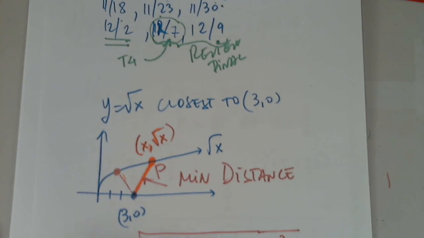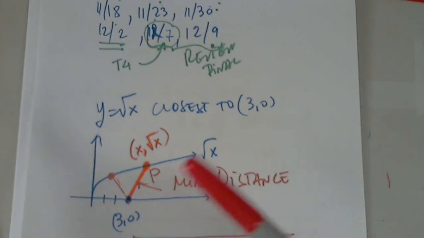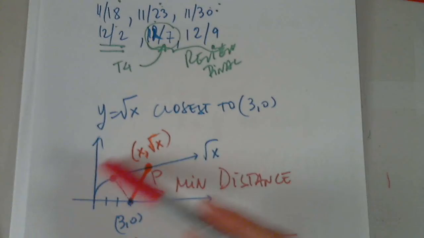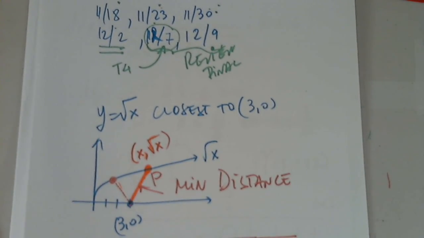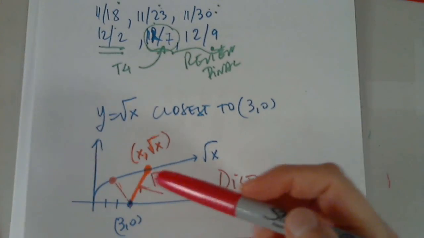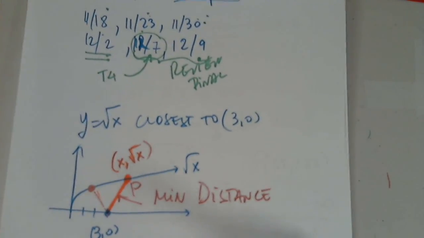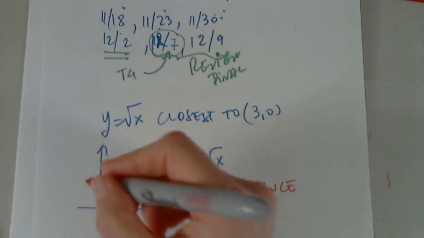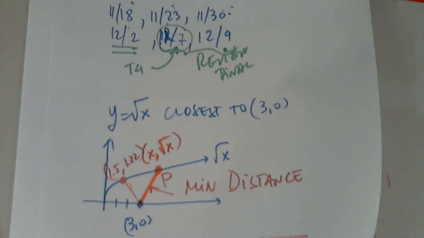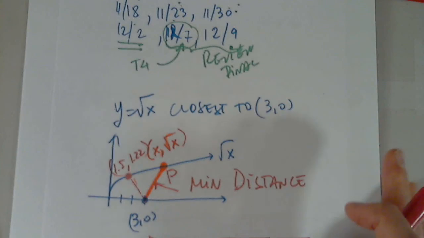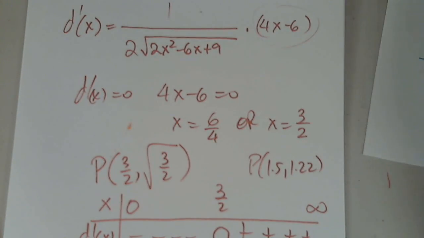But I have to choose a generic point. I perform the operations, I create the function, etc., and I find out. So the coordinates must be (1.5, 1.22) of this point, which is the closest to (3, 0) on the graph of the square root of x.